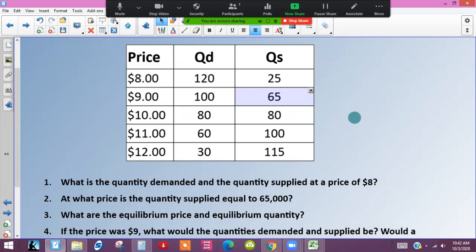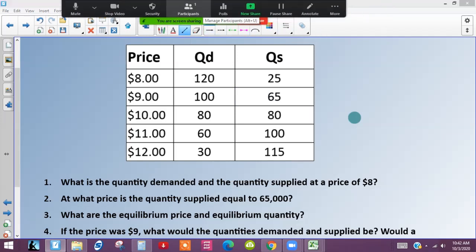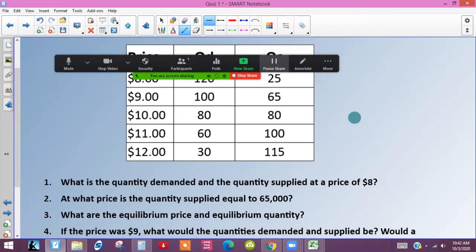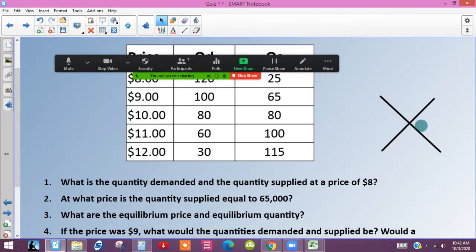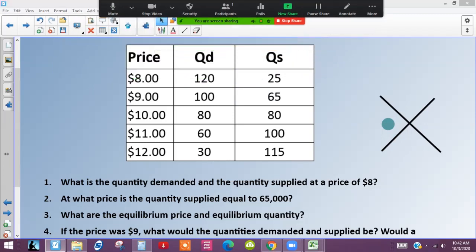So where does the demand curve intersect the supply curve? Right here, this is where quantity demanded equals quantity supplied. So just make sure that we're not confusing ourselves with our terminology.